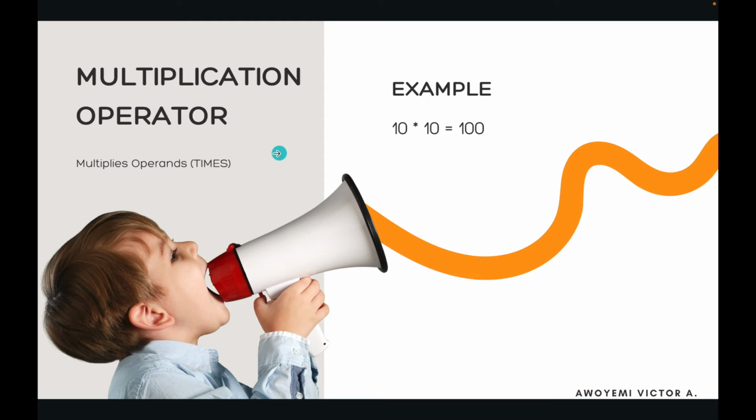Now, the multiplication operator. The function of the multiplication operator is to multiply operands. If we are to multiply 10 by 10, 10 times 10, 10 is our left operand, while this 10 is our right operand, and our multiplication operator multiplies both the left and the right operand to give us 100.